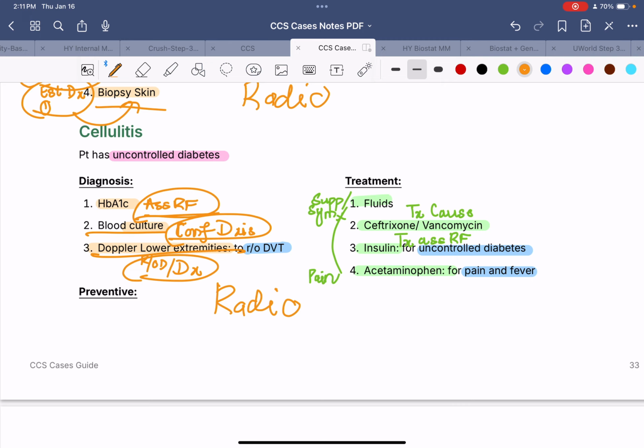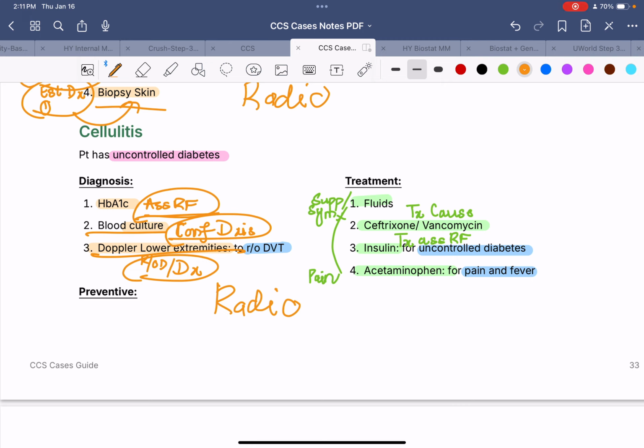So three mainstays: rule out DVT with lower limb Doppler, confirm whether the patient has septicemia, the blood infection, by doing blood culture, and assess the associated risk factor of diabetes by doing HbA1c. Next off, we have the treatment.